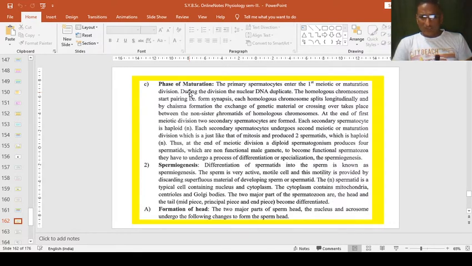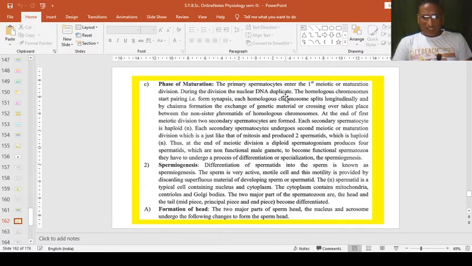The next stage, the second stage, is spermiogenesis, which we will see. In the phase of multiplication, the cells multiply in number, and in maturation they mature completely. The primary spermatocyte becomes a secondary spermatocyte, and it develops and matures.